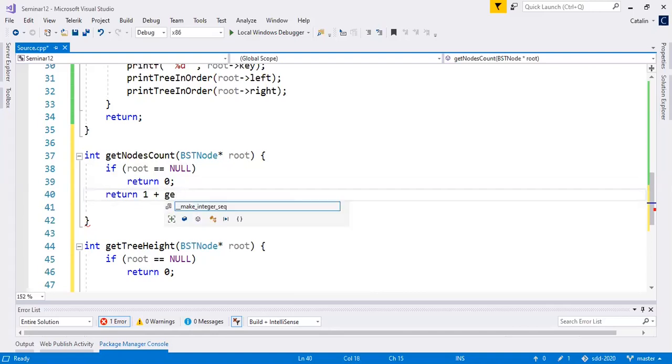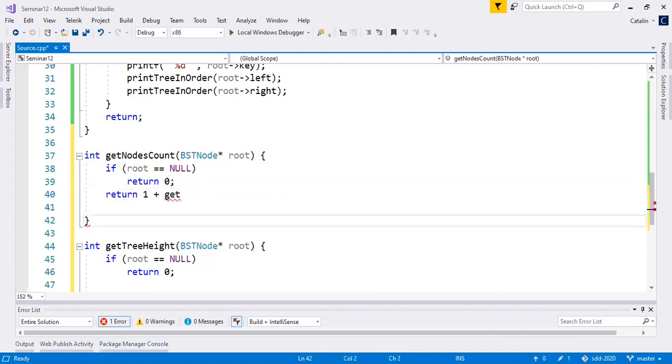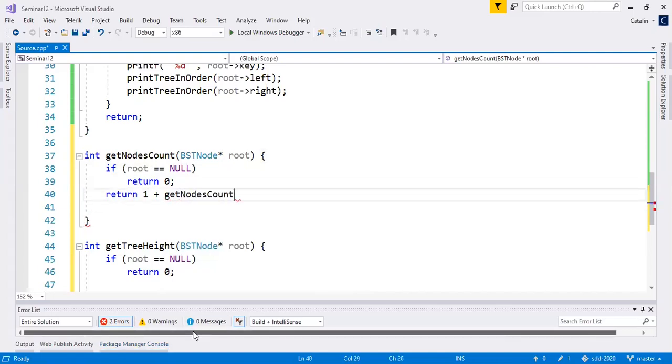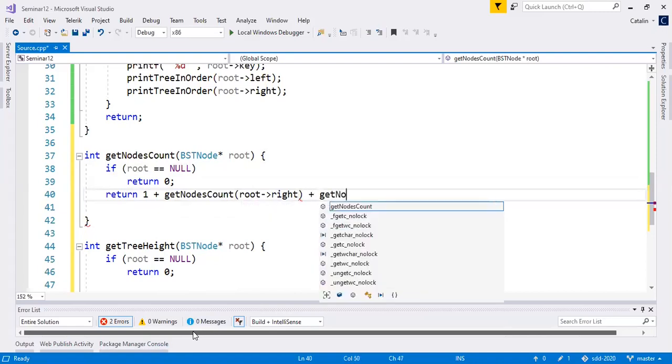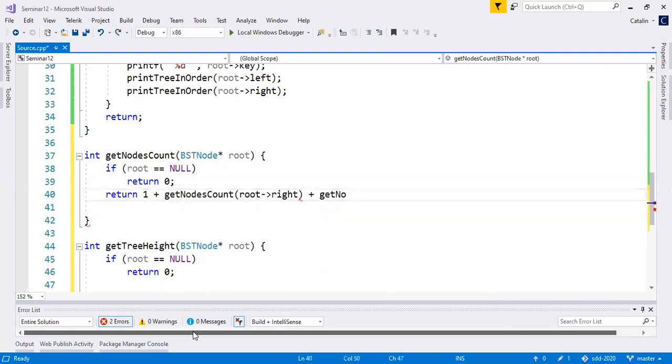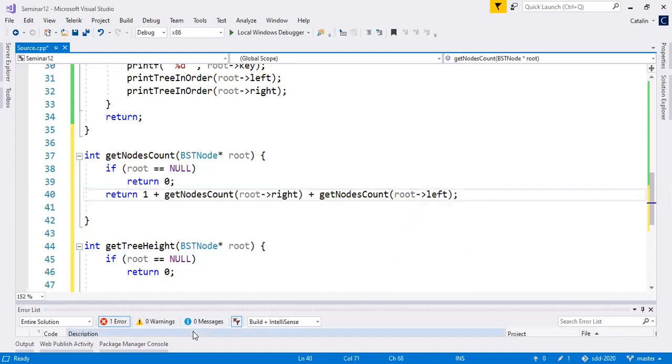So get nodes count on my right or left side, it doesn't matter. In the end, it will traverse both sides, right? Plus get nodes count on root left.